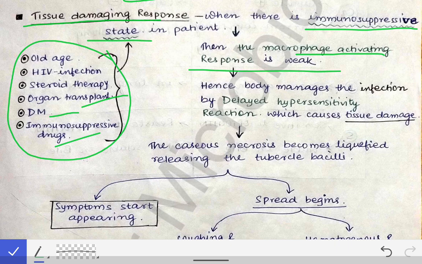So that's why in the immunosuppressive state the tuberculosis infection becomes evident, because the tubercle bacilli are now not remaining in the dormant state. There is no one to prevent them from growing, because there has not been the formation of the hard tubercle and the soft tubercle.